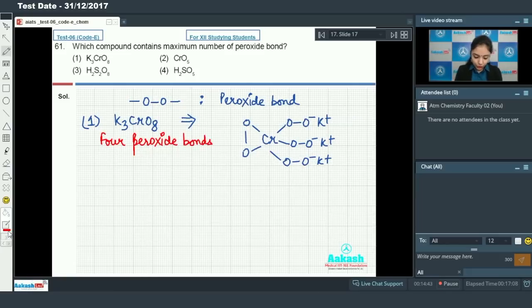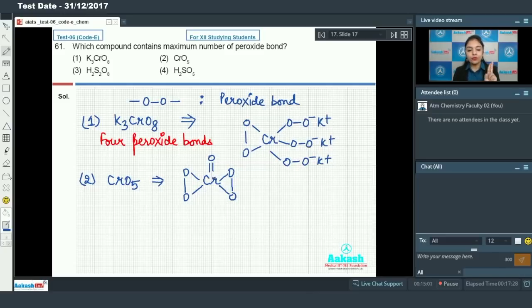And now draw the structure for CrO5. In the case of CrO5, you have a butterfly kind of structure. So in this case we have two peroxide bonds.